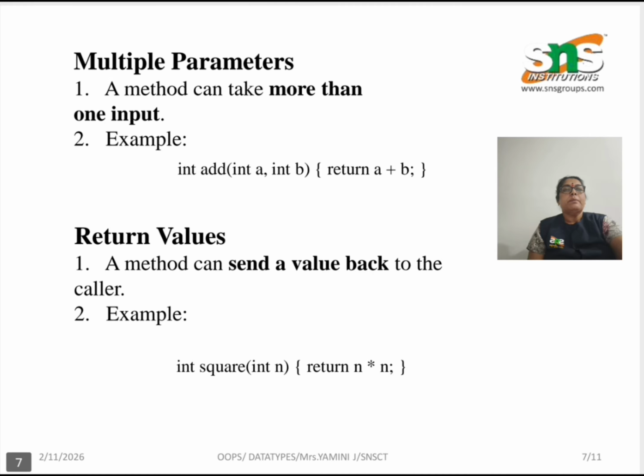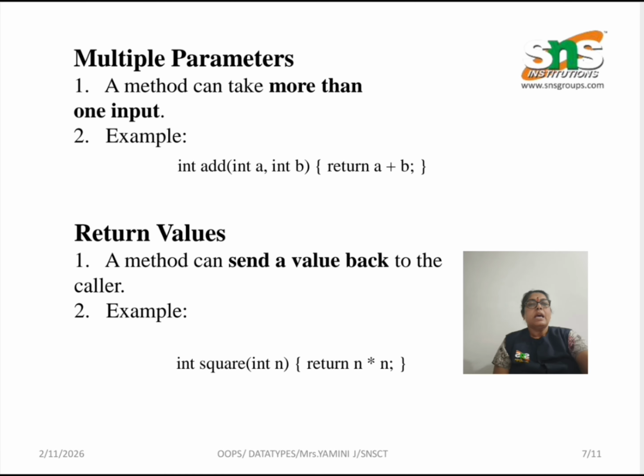Next one, multiple parameters. A method can also accept multiple parameters. For example, an addition method may take two numbers as input. In addition, methods can return a value back to the calling program.